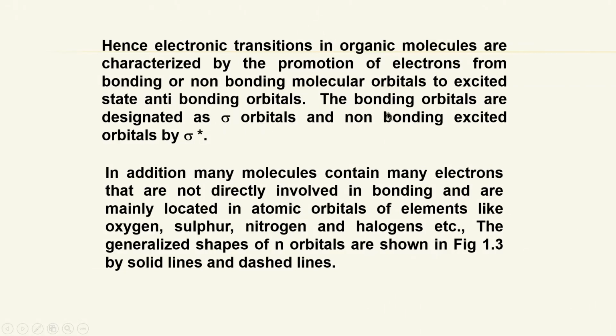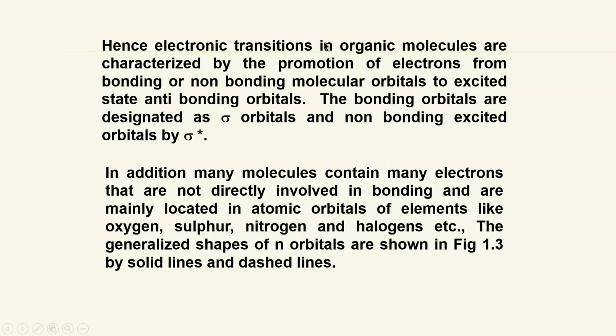Okay. So, the bonding orbitals are designated as sigma orbitals and the excited orbitals are designated as sigma star. Now, you should have a figure like this. I will show you in the next class, but try to understand what I am writing here.